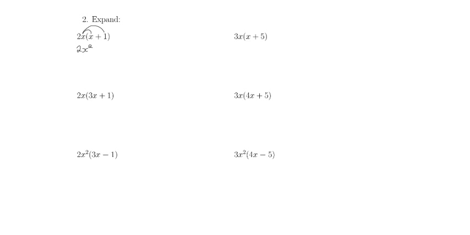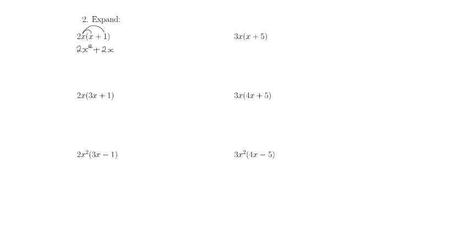Now we have to do 2x multiplied by 1, and that makes 2x. Whenever you multiply something by 1, you just leave it alone. Multiplying by 1 doesn't change anything. And finally, we've got addition inside, and so we keep that here. And the answer is 2x squared add 2x.